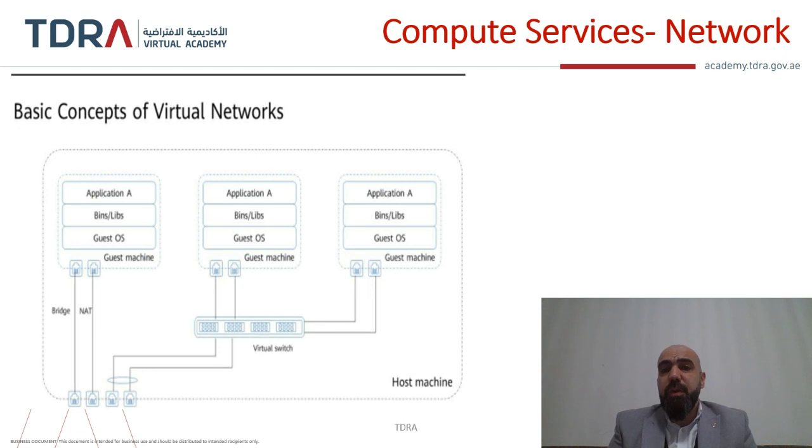NAT mode means I want to use a different subnet from the original subnet of the physical host, so it's called NAT mode. Custom mode is if I want to customize my network interface card for a special type of virtual machine and do my own subnetting for that.